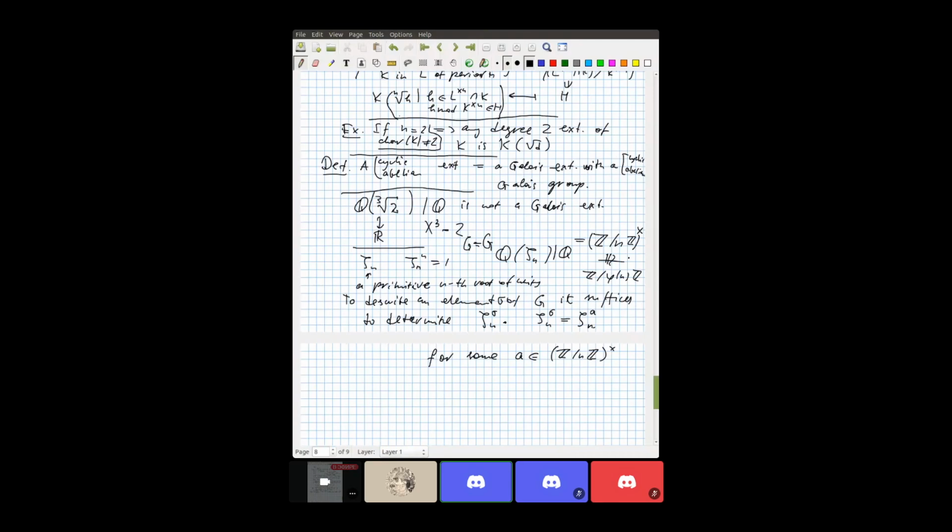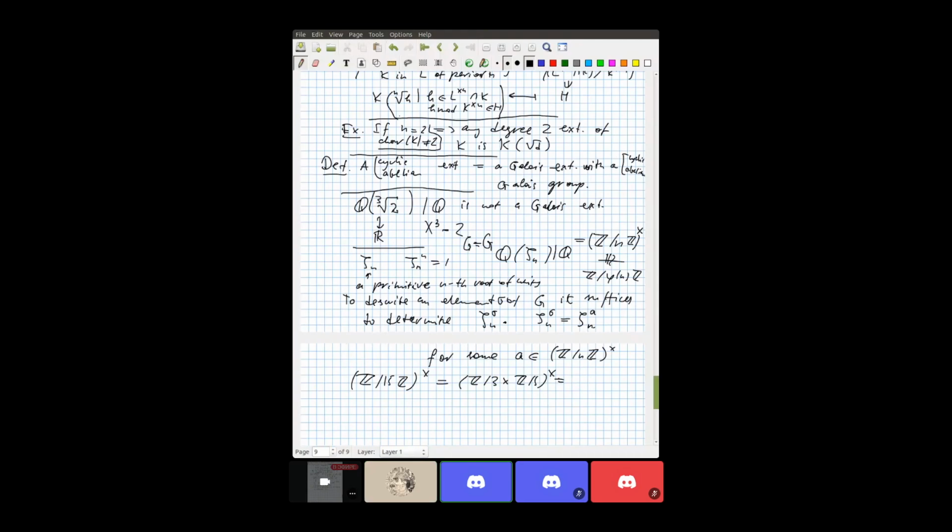You can see, for instance, Z mod 15 is Z mod 3 times Z mod 5, but you consider invertible elements.